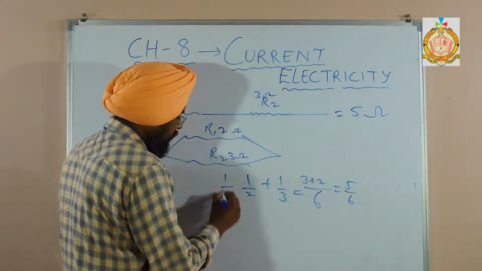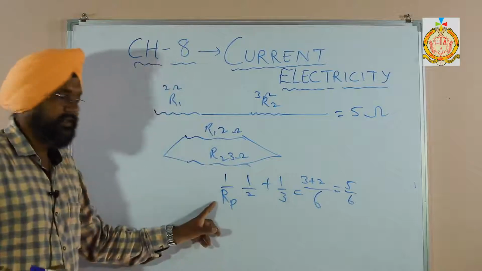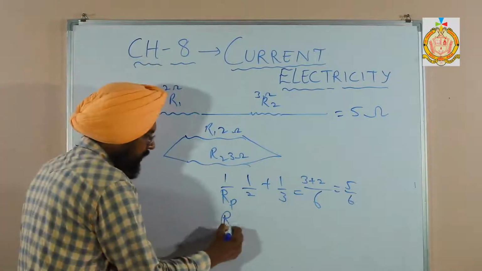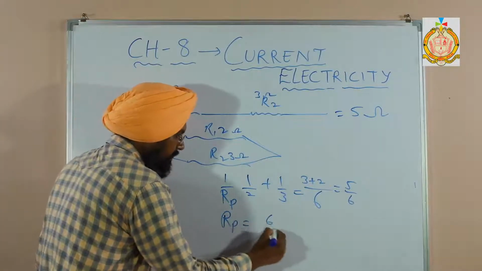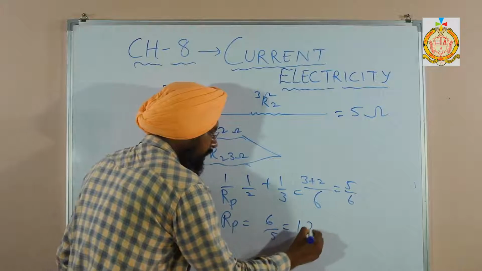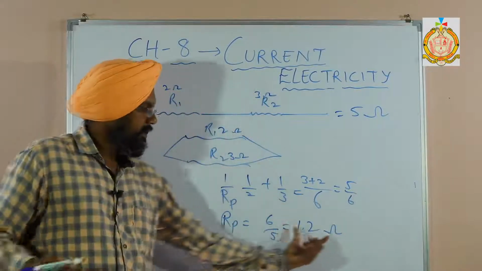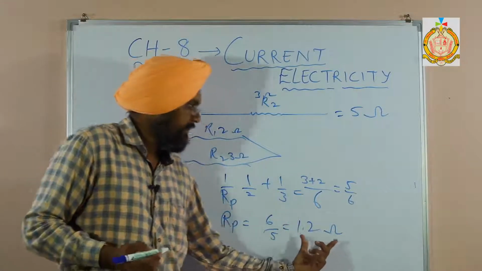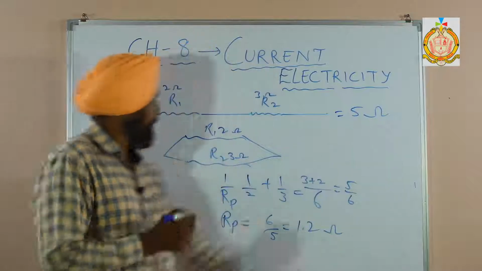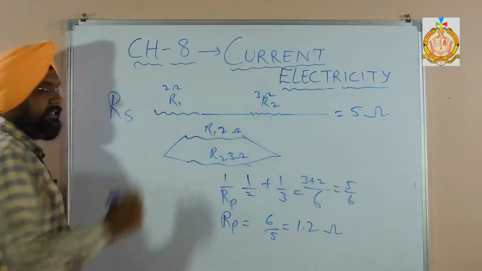Taking the reciprocal, 6 upon 5 comes to 1.2 ohm. So resistance in parallel is less than the resistance in series.